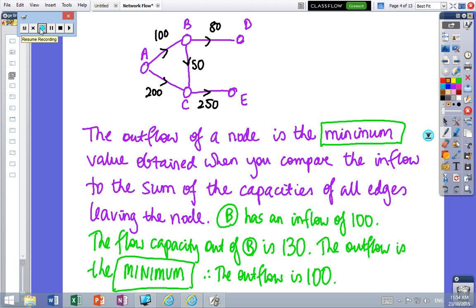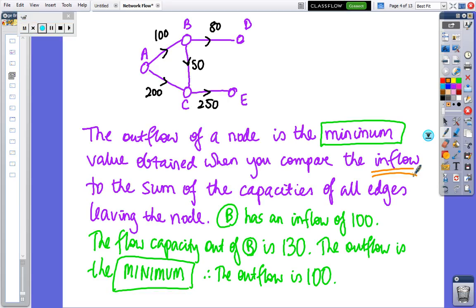Okay, so we're looking at the same diagram again. So the outflow of a node is the minimum value obtained when you compare the inflow to the sum of the capacities of all edges.